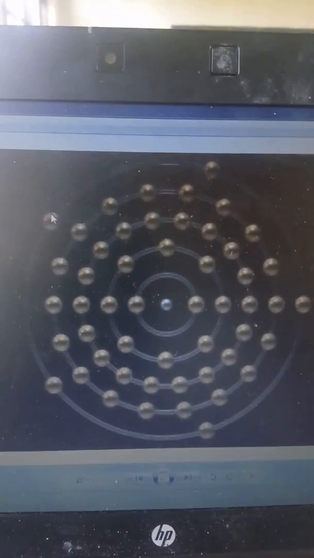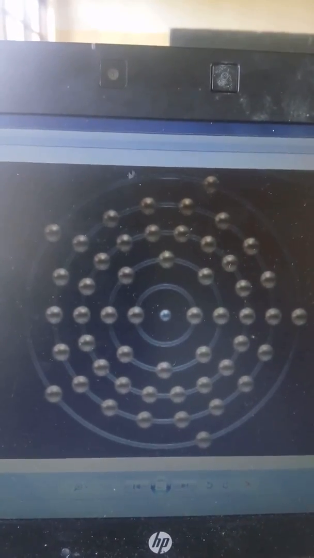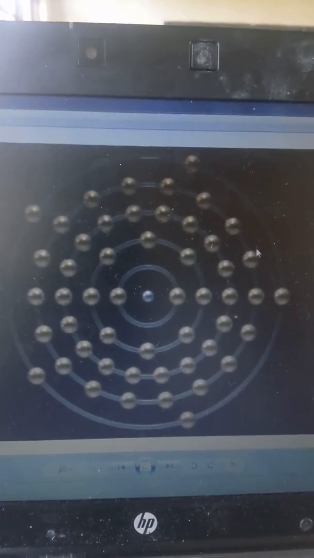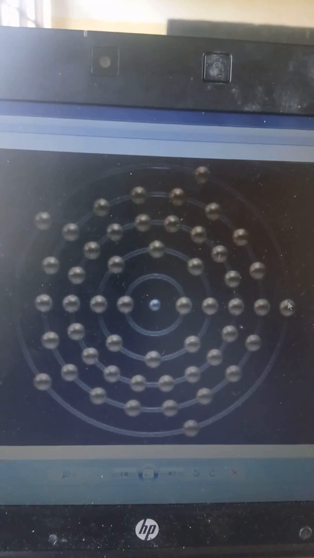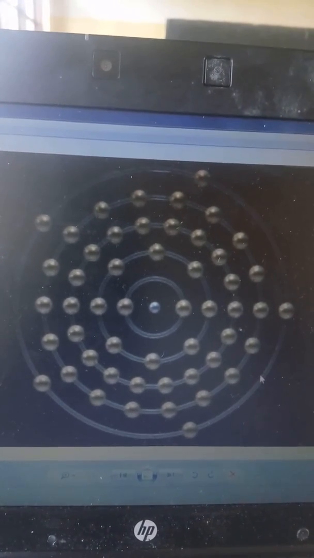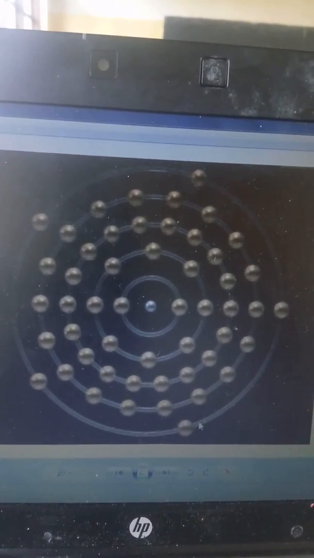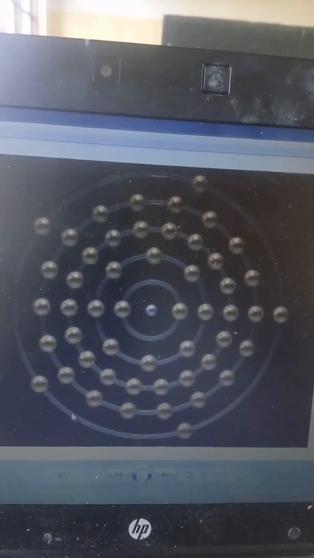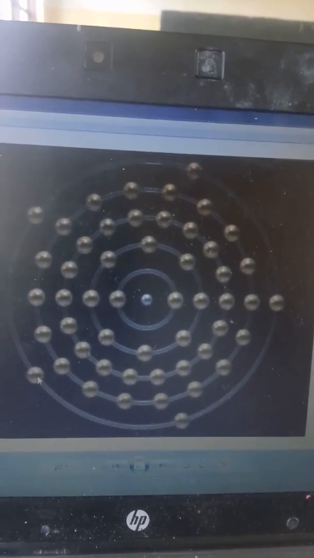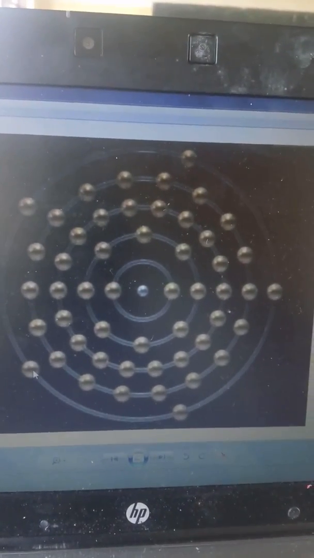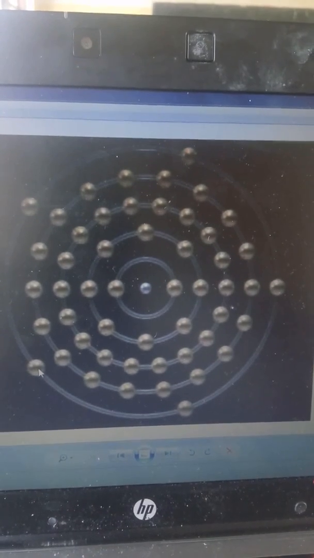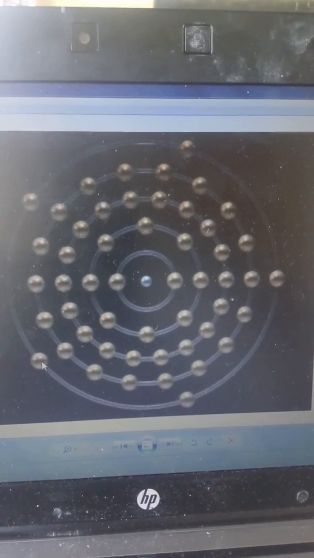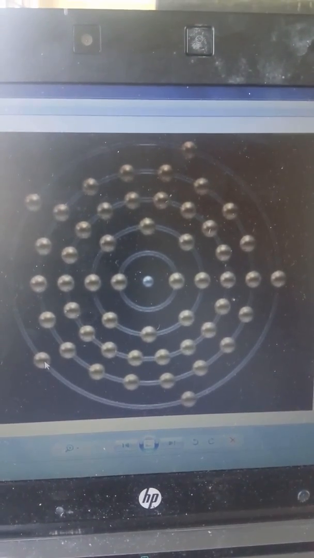Antimony has 5 electrons in its outermost shell. So antimony can lose 5 electrons so as to become stable.